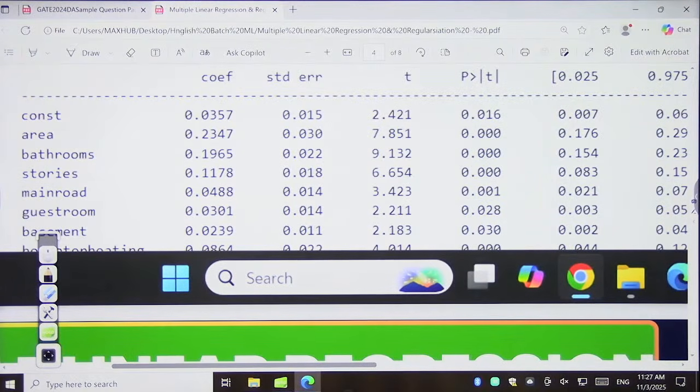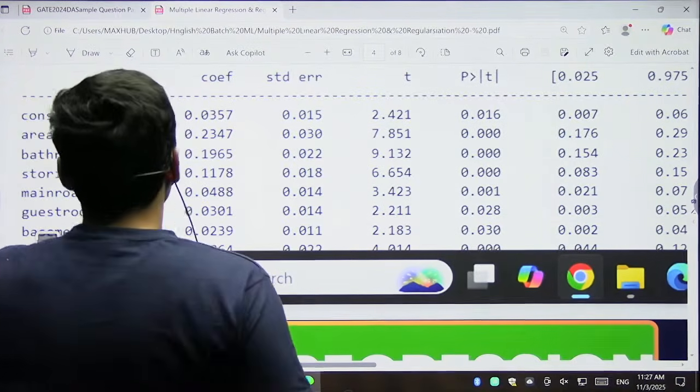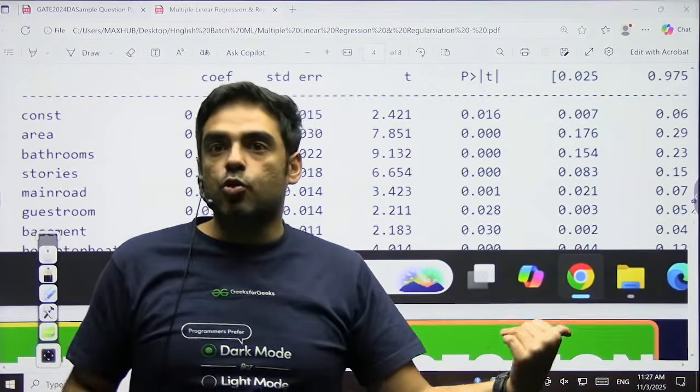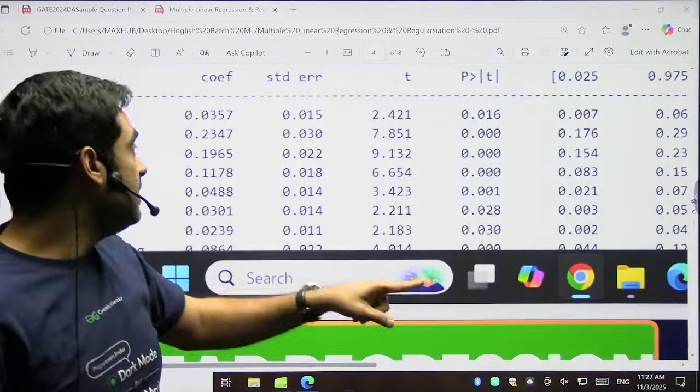These values signify the coefficient of area, coefficient of bathroom, coefficient of stories, correct? The coefficient of main road, guest room, basement, and the last features. So these are the features and their coefficients.